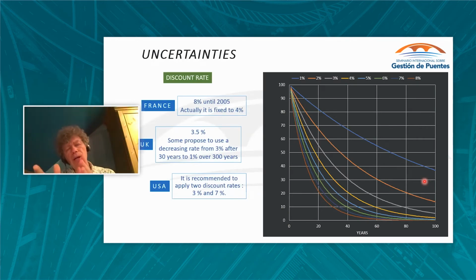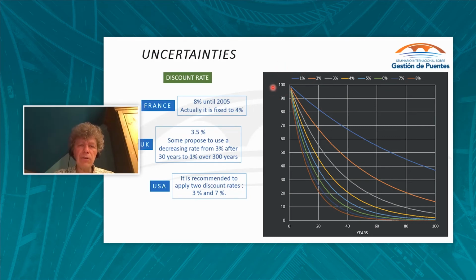And I will take a little time on this graph because the discount rate sometimes is not easy to understand, what it is and what is the difference with the inflation. If I consider 100 pesos, I don't know if it is the money in Costa Rica, excuse me, let's consider pesos.